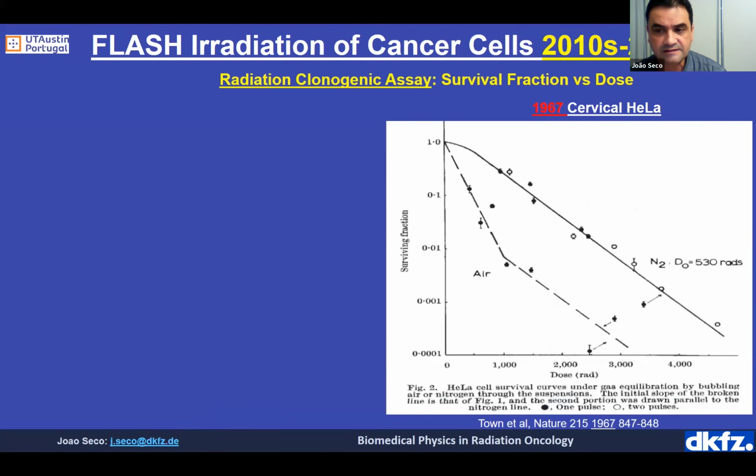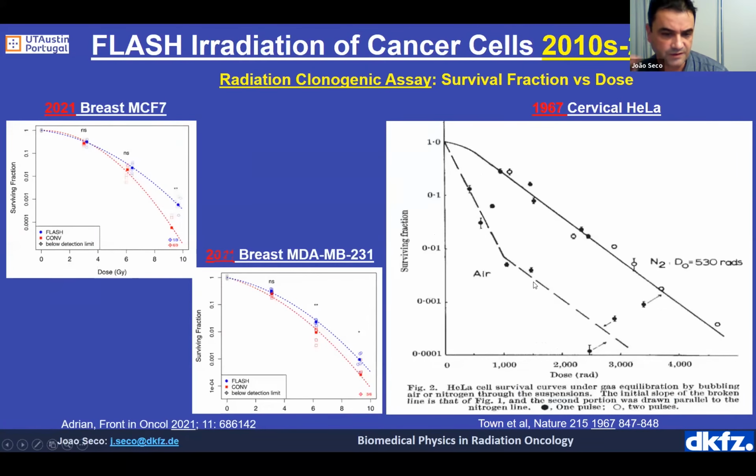Okay, so in the 1967 cell line experiments, you see clearly this inflection point. You see this really nice set of data with a clear point here. If you look at the most recent data from the in vitro studies, you don't have such a clear inflection point. You do have a small difference that is significant between the two curves.